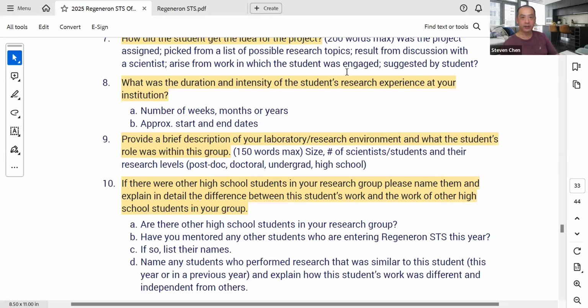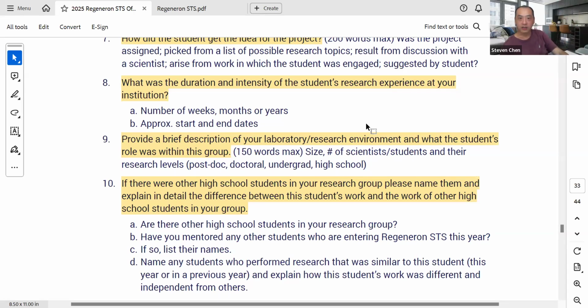They compare them in multiple ways. One is that they will see who is better. They may make the internal comparison between you, and they only want to select the one that is better than the other one. So if you think that the student in the same lab is better than what you did, probably you should not use that product for STS, or you need to use a different product or do something else.